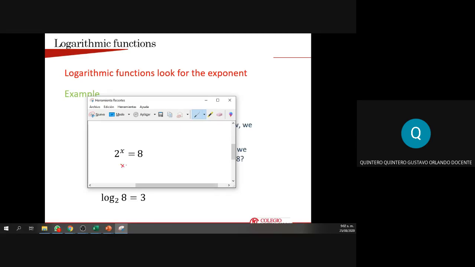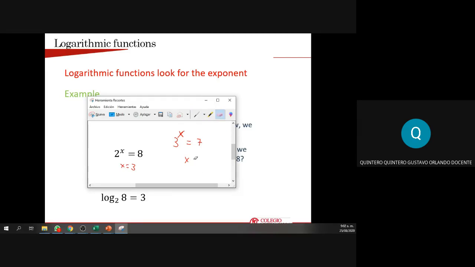So we know x equals 3, right? But what if I do something harder? What if I do 3 to the x equals 7? To what value do I elevate the 3 so that I get a 7? It is not that simple now.